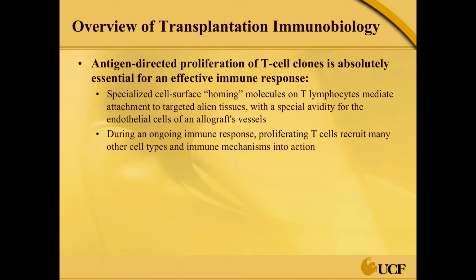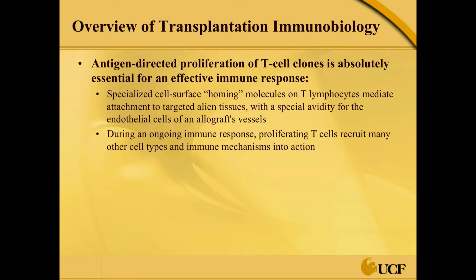Antigen-directed proliferation of T cell clones, like I said, is absolutely essential for an effective immune response. Specialized cell surface homing molecules on the T lymphocytes mediate attachment to targeted alien tissues with a special avidity for the endothelial cells of an allograft's vessels.